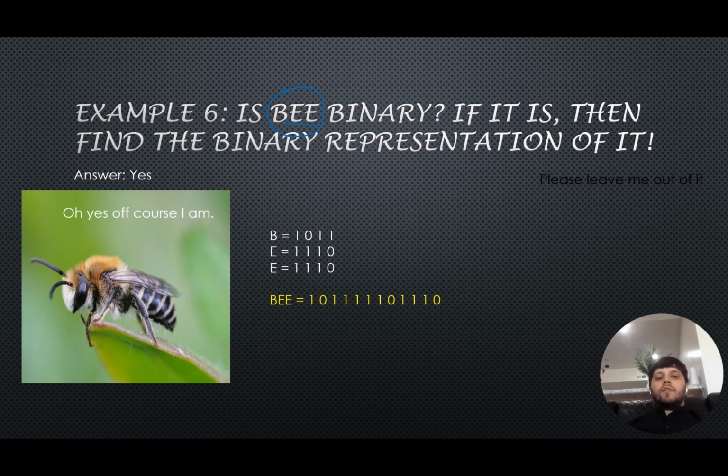But we can find the binary value here. B is 1011, and E is 1110, and the same thing with the second E. Then you combine these numbers. Let's use purple numbers just to make BEE excited. The B right there, that's your first E, and that's your second E. So you combine them together, and you get that answer.